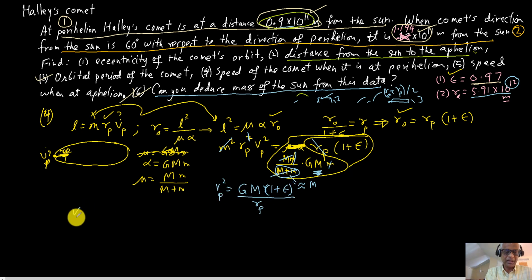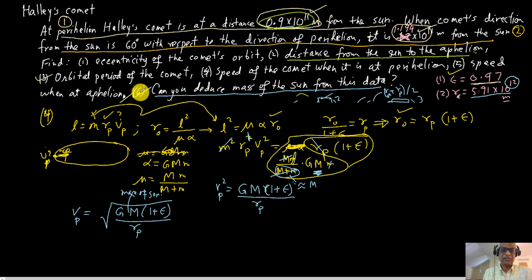So V at perihelion is the square root of G M times (1 plus epsilon) over R_P, and this M is the mass of the Sun. We worked out the mass of the Sun in number 6, and we can just use that data or look up the mass of the Sun on the internet.